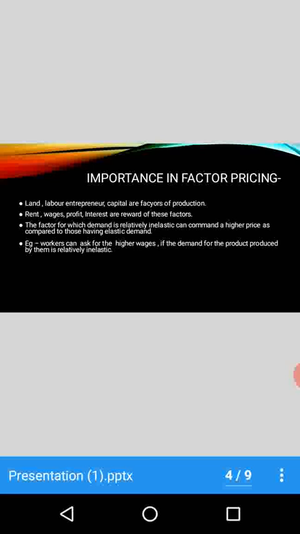What are the factors of production? Land, labor, capital, and entrepreneur. Rent, wages, profit, and interest are the rewards of these factors. So the factor of production for which demand is relatively inelastic can command a higher price as compared to those having elastic demand.